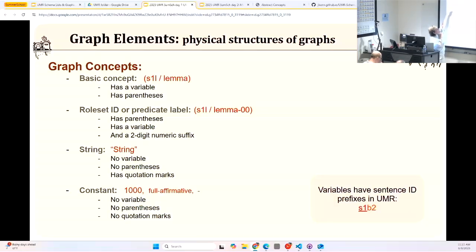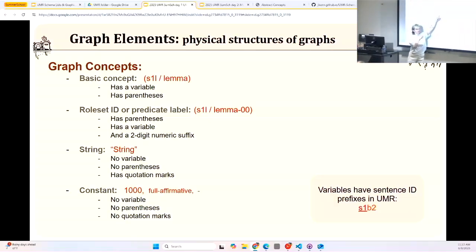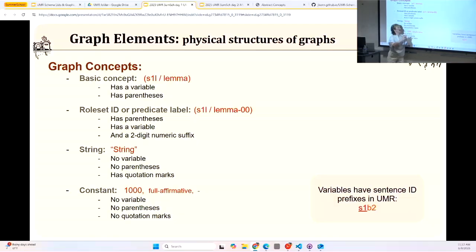Okay, so graph concepts, these are the physical forms that we actually put into the graph. We're not talking about the referent, we're just talking about the actual graph structure. So a basic concept is going to be like this. It has a variable, it's in parentheses, and that's it. It might be a word in the sentence, it might be an abstract concept from the UMR schema.